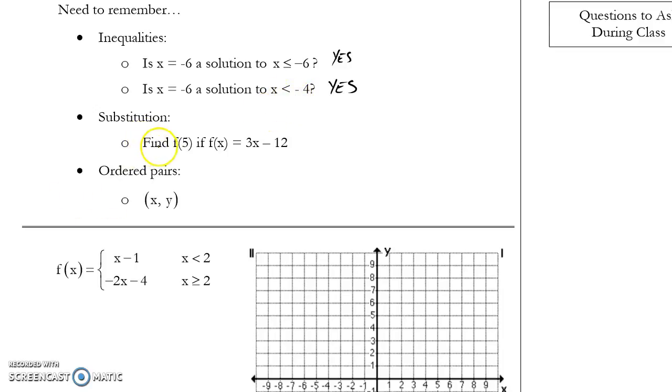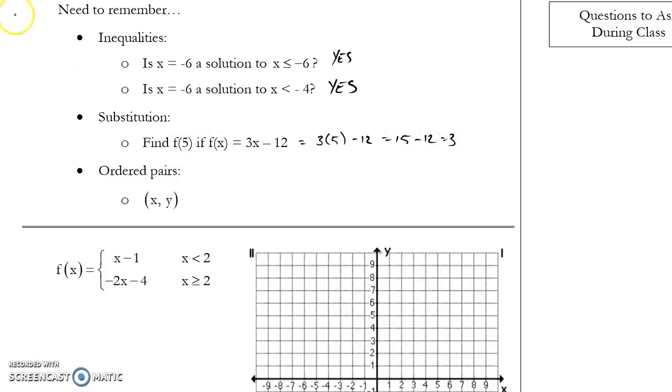Second thing, substitution. If y equals 3x minus 12, we are going to be substituting values into functions to find y. When x is 5, 3 times 5 minus 12, or 15 minus 12, or 3. That's great.